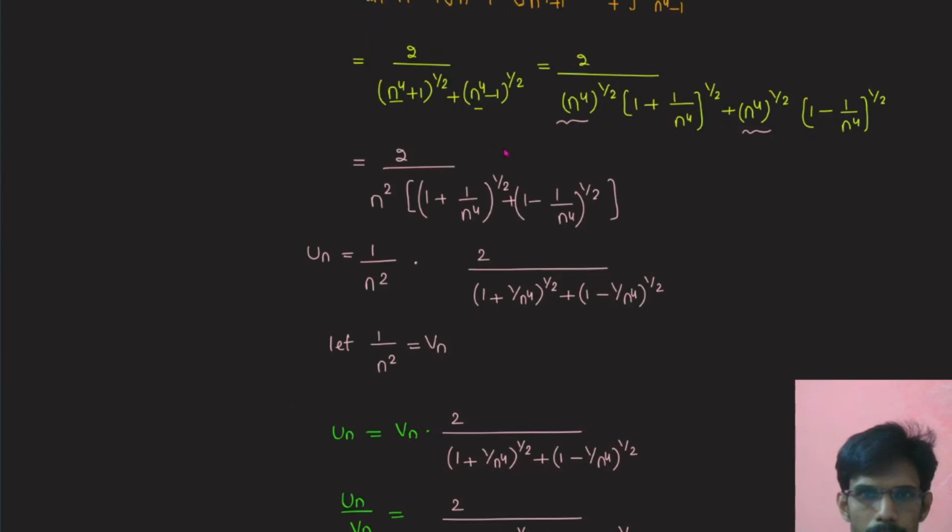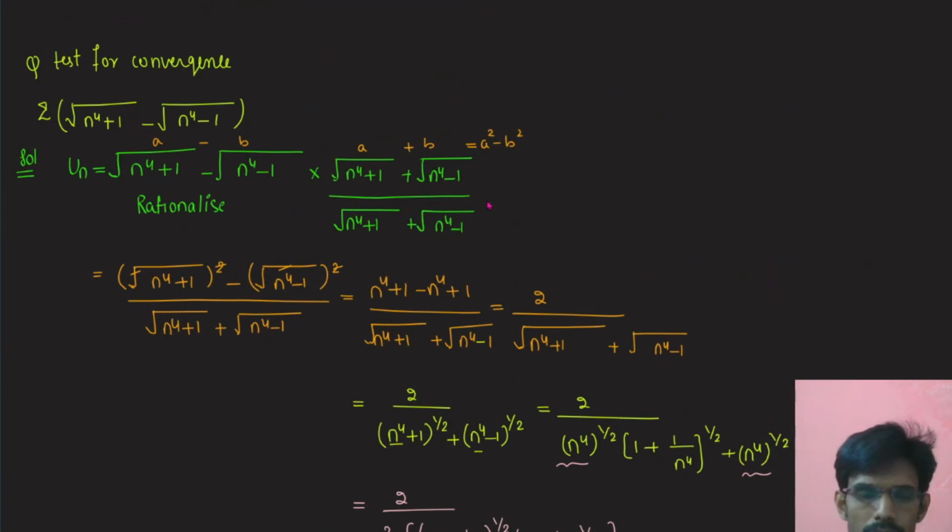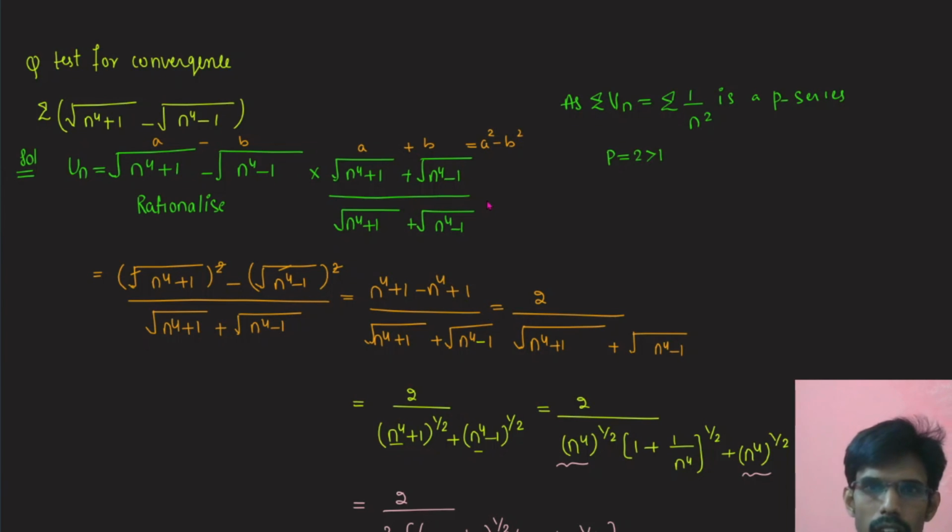And we say this series, sigma Vn, where Vn is 1 by n square, is a p series with p value 2, which is greater than 1, so sigma Vn is convergent.